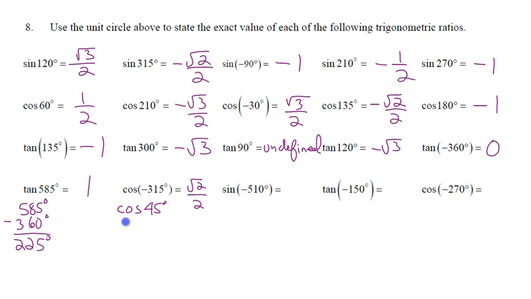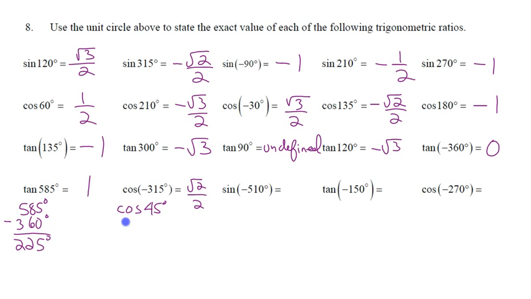You can. I just decided to find a coterminal angle and do that. Negative 315 degrees is coterminal with 45 degrees, so I can work out the cos of 45.